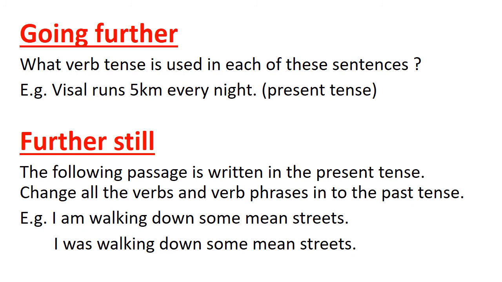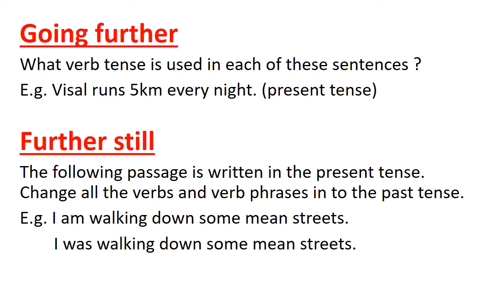Let's go to further still. Here the following passage is written in the present tense. Change all the verbs and verb phrases into the past tense. Very simple. You have to change the present tense verbs into past tense. Let's take this example. I am walking down some mean streets.